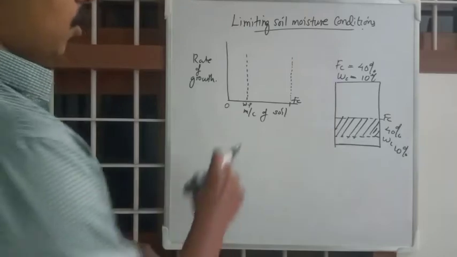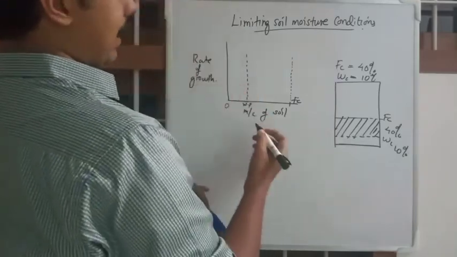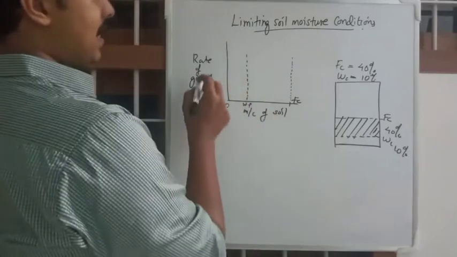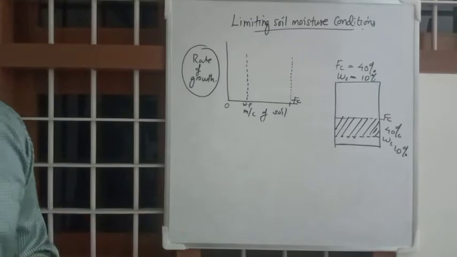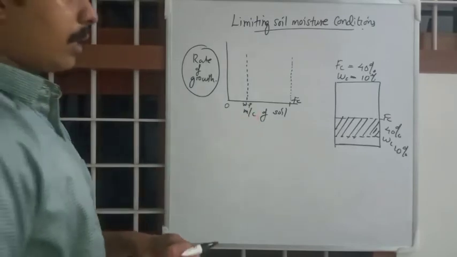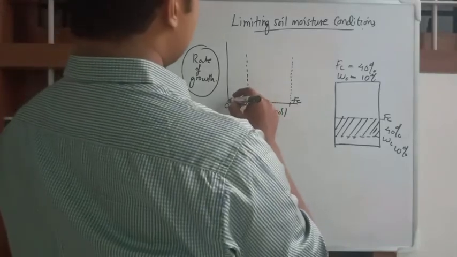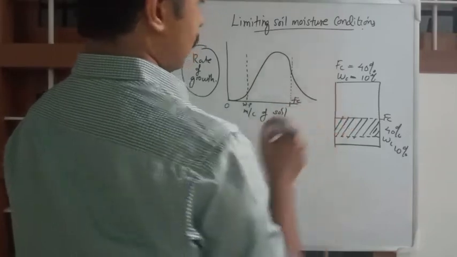Okay. So the wilting point will be a percentage, and as per studies, the rate of growth will have an optimum value for a particular moisture content of soil. The rate of growth as we study it will be something like this.